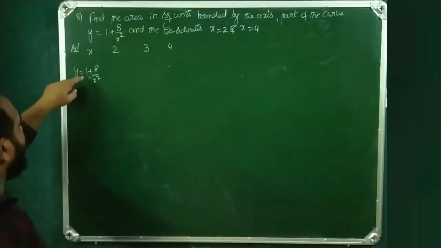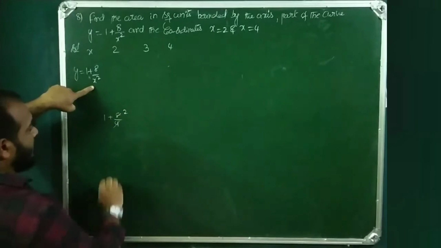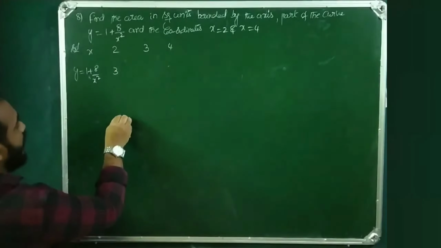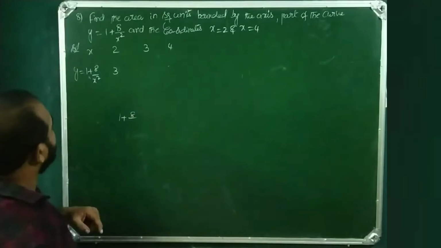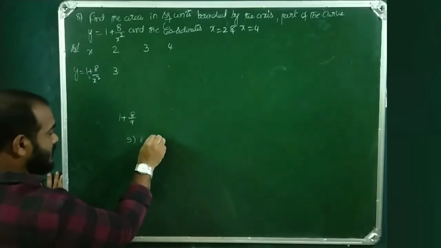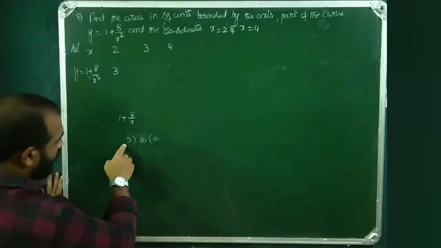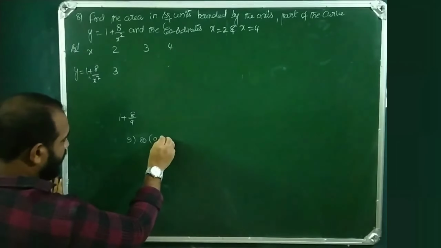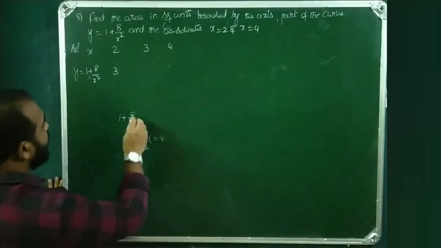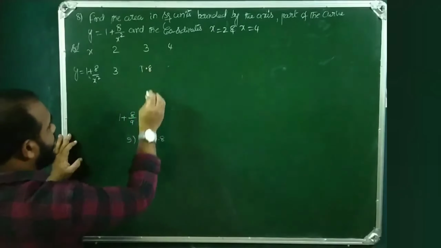Now 1 plus 8 by 2 square is 4. 4 2s are 8, 1 plus 2 is 3. Next, 1 plus 8 by x square with x equals 3 is 9. 8 by 9 is 0.8 approximately. 0.8 plus 1 is 1.8.